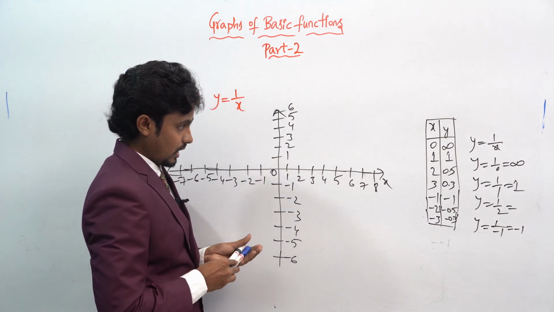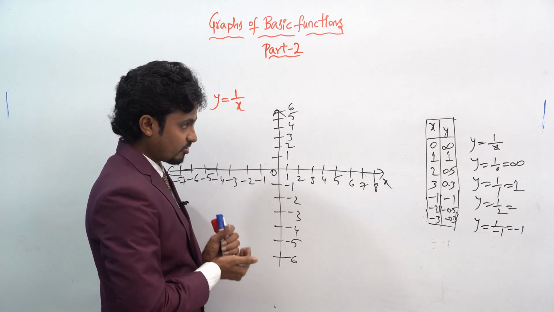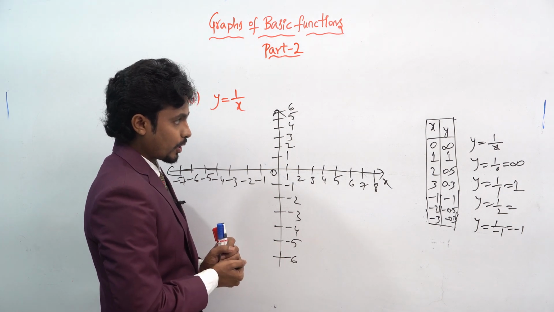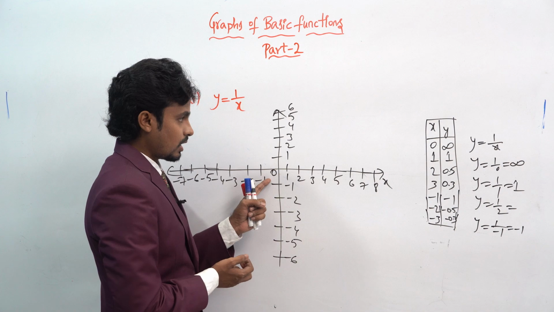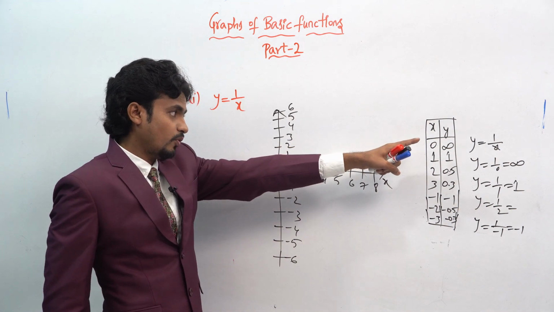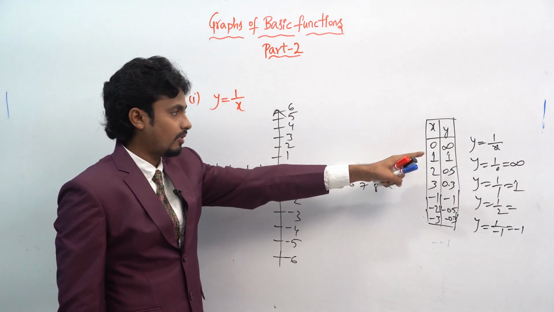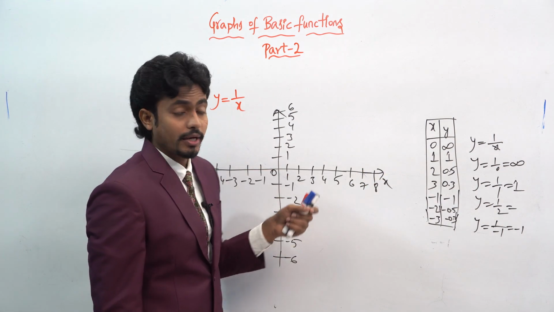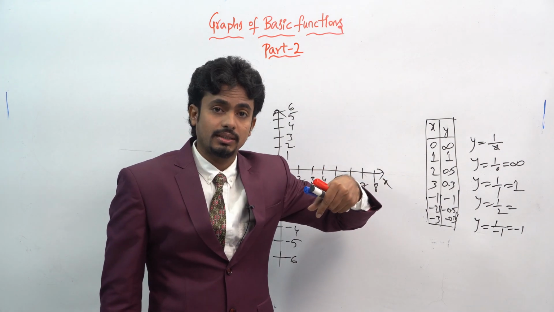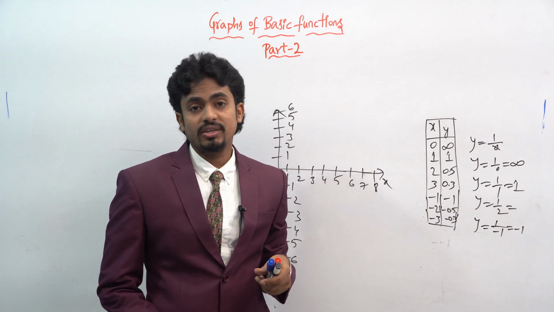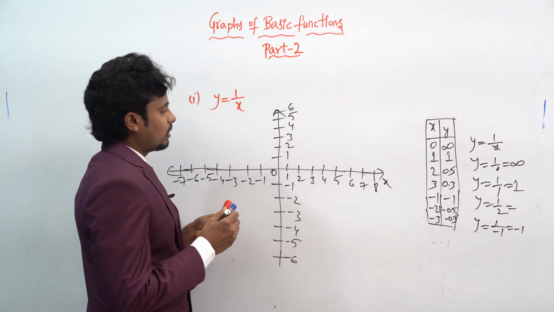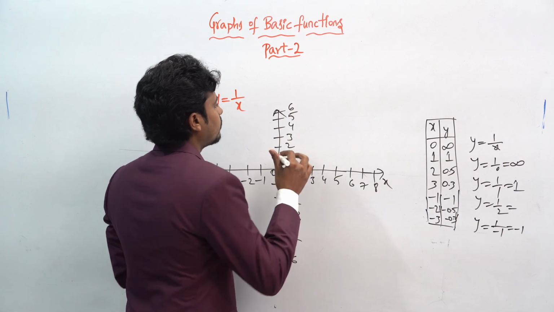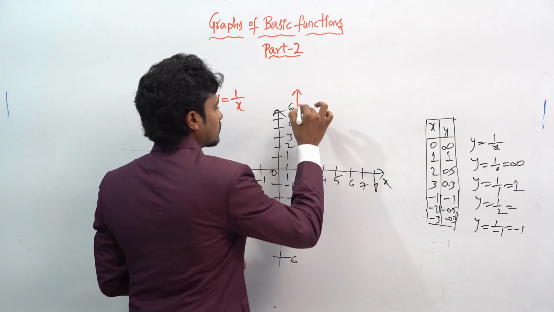We have to just draw the points for this. First thing, you can observe at 0 point, what you will get for y, y will be infinite, right? That means the point has to come from the infinite. Okay, at the infinite it can't be defined, so the point will be coming here like this.